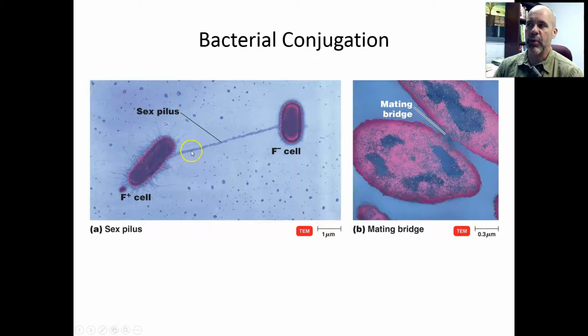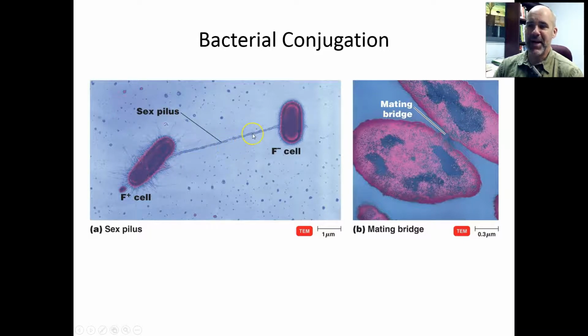So this is basically a protein tube built from pilin proteins. And it has connected that tube over here to this recipient cell. And some DNA of this cell will pass through that sex pilus or conjugation pilus and enter this cell. Okay, and that's another way that DNA can move from one cell to another in the same generation. This is called bacterial conjugation.